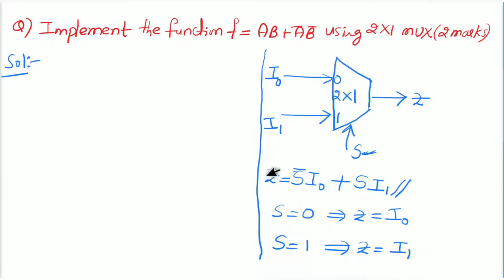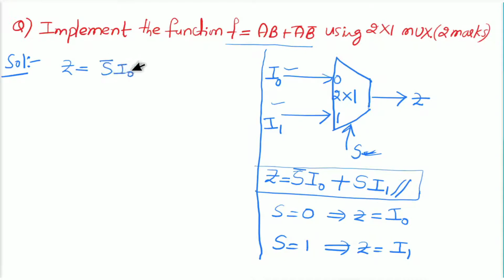Now you need to map this Z expression with the given expression, so that you can choose the I0 value, I1 value and S value such that you are generating the given expression with the help of this 2:1 multiplexer. So let us consider Z is equal to S bar I0 plus S I1.